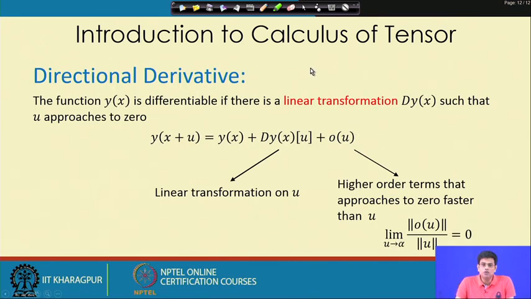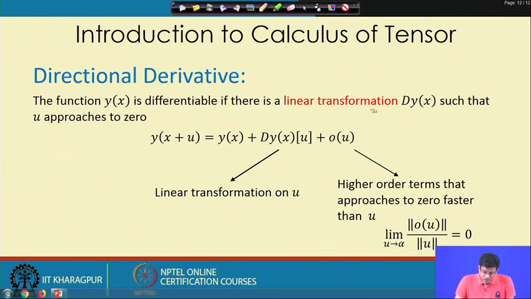Now, let us learn what a directional derivative is. For a function y(x), I am not saying whether it is a scalar, vector or tensor function; I am not defining anything. Let us write it in a simple form. The function y(x) is differentiable if there is a linear transformation Dy(x) such that, as u approaches 0, the remainder vanishes. Where does this u come from?